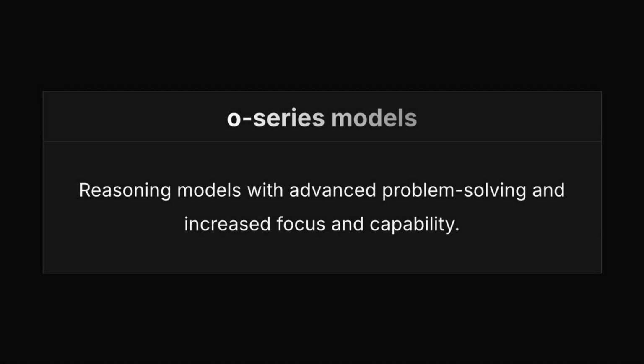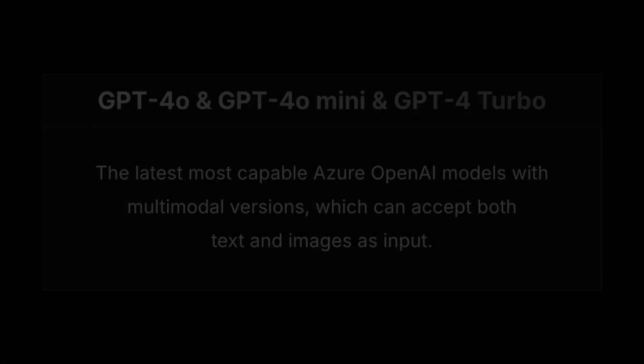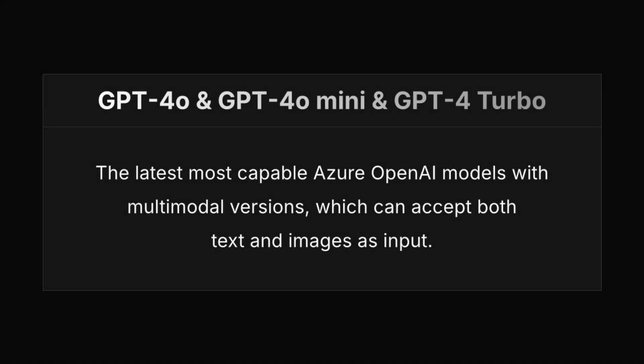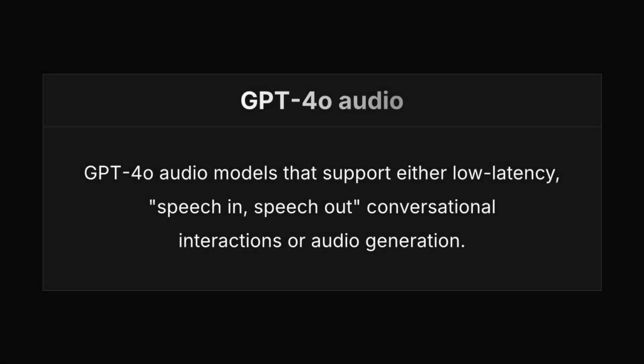Let's start with reasoning models, with advanced problem solving and increased focus and capability. GPT-4o, GPT-4o Mini, and GPT-4 Turbo are the latest, most capable Azure OpenAI models, with multi-modal versions which can accept both text and images as input.